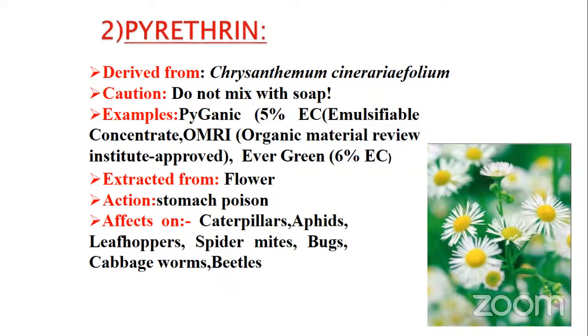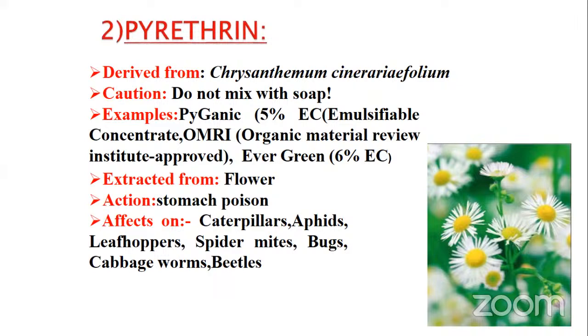And the second botanical insecticide is pyrethrin. What is pyrethrin? It is also one of the botanical insecticides from the first generation, derived from chrysanthemum, and we should not mix it with soap here. Examples of pyrethrin are Pyganic, which contains 5% emulsifiable concentrate.